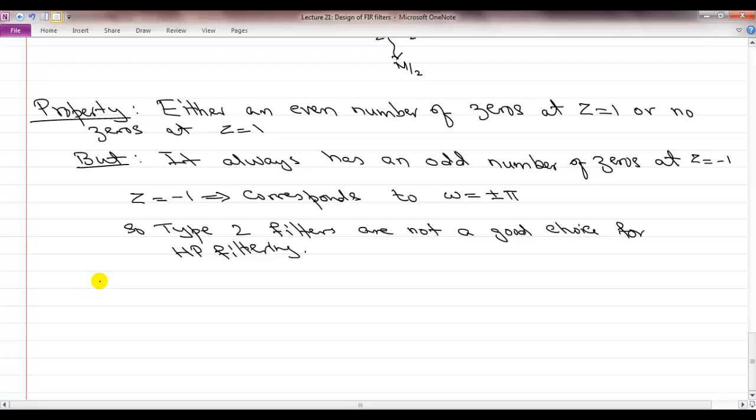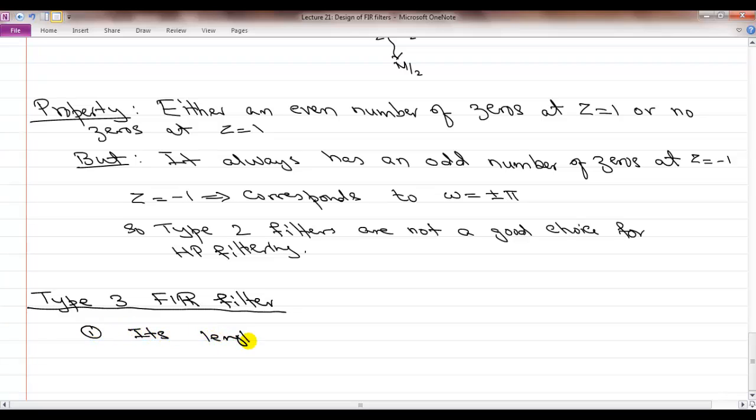Okay, so similar to the type 1 and type 2 filter, you have type 3 and type 4 filters. So type 3 FIR filter is very similar to type 1 filter in terms of its length. So number 1, its length is odd. So n is odd and m is even. Okay. So that is very similar to the type 1 case.